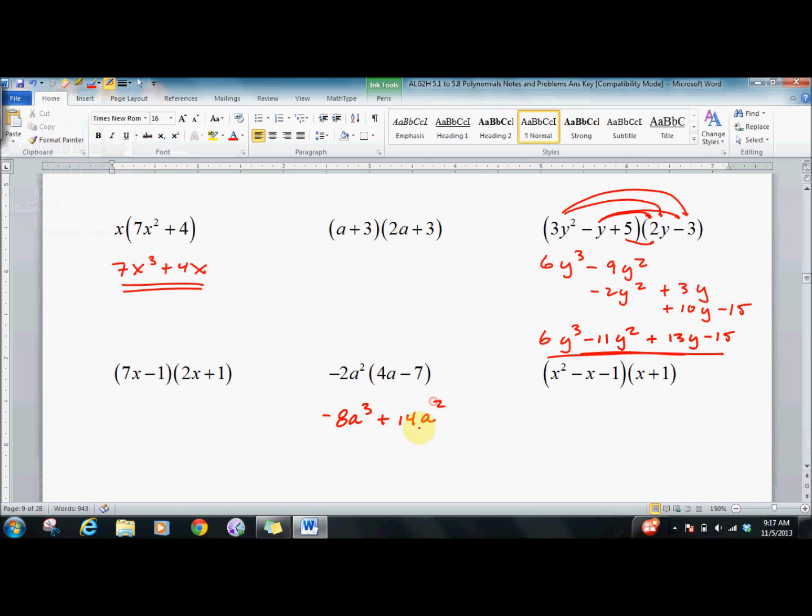As always, watch your negatives. Notice that I'm getting away from the arrows as I get more comfortable blasting through these. It is good to always check your work.